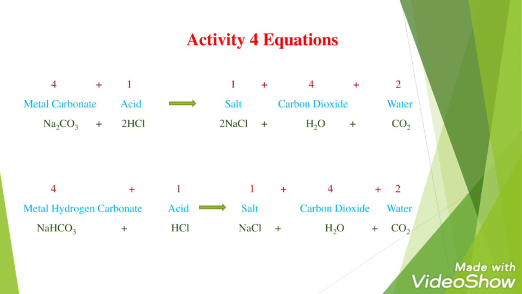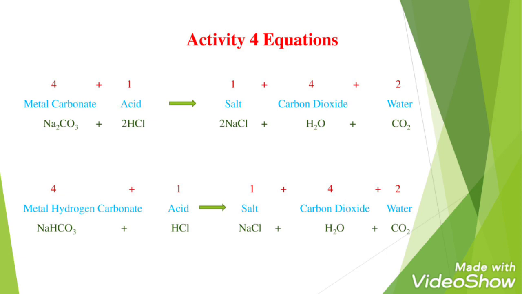Move to the next topic, activity 4 equation. Here I did the same as in the lab activity equation. Metal carbonate reacting with acid gives rise to salt plus carbon dioxide plus water. I am writing the numbers allotted in the reactants chart.